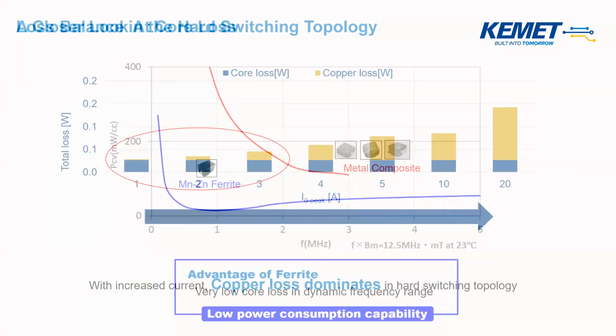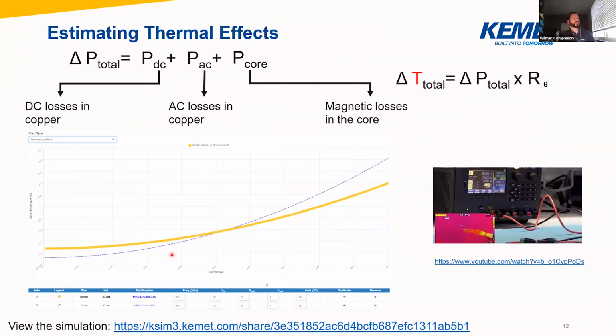Let's just very quickly take a look at the losses here. There are three mechanisms of loss in a power inductor. It's the DC loss that comes up as a result of the resistivity of copper. There's the AC loss that comes up as a result of the impedance of the windings. And then there's the core loss.